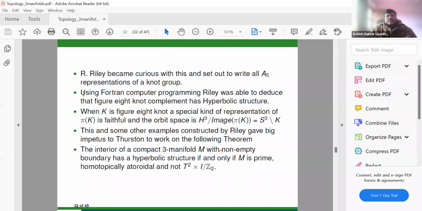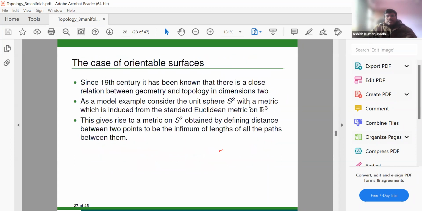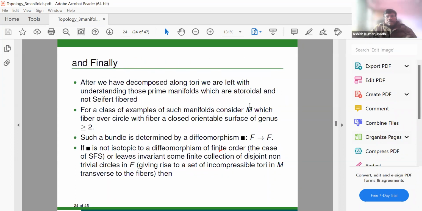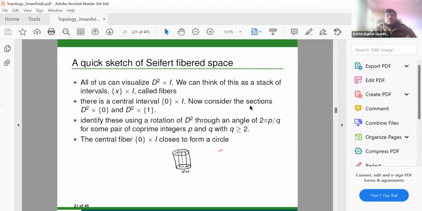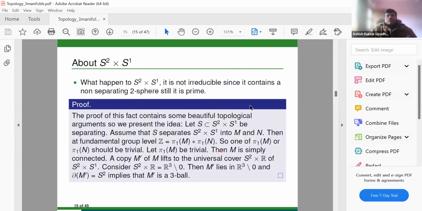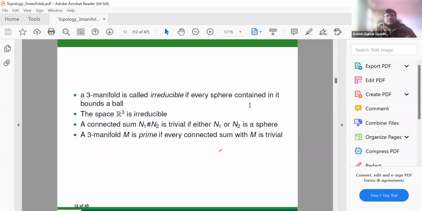Now here what he did, Robert Riley, he used Fortran programs, and using these programs, he was able to deduce that the figure 8 knot complement has a hyperbolic structure. So figure 8, let me show you once again the picture of knots which I was showing you in some previous slide.